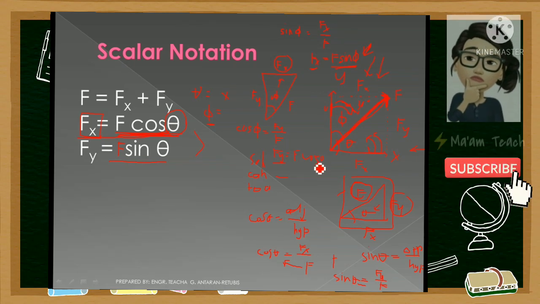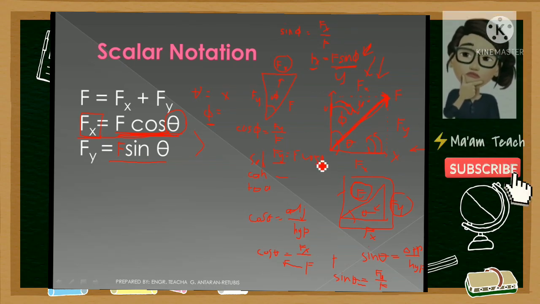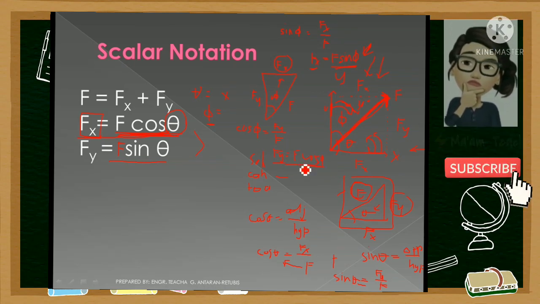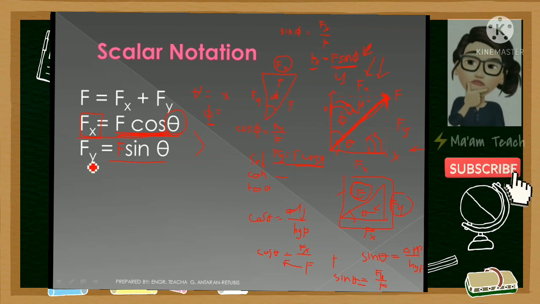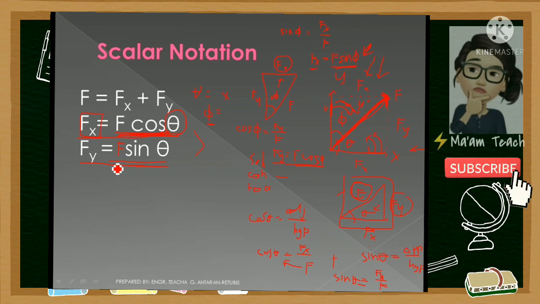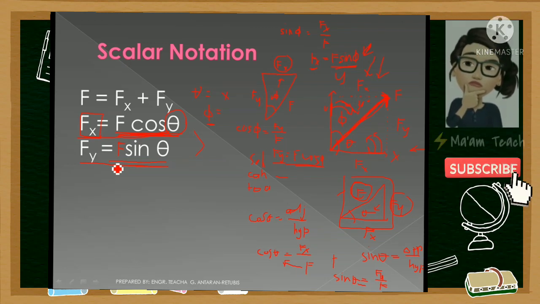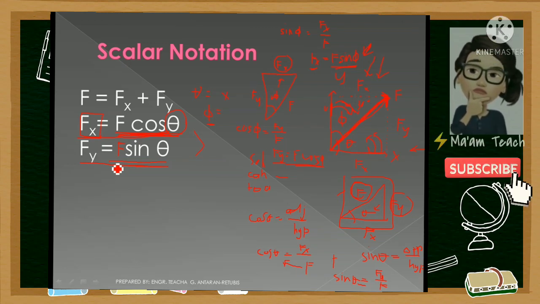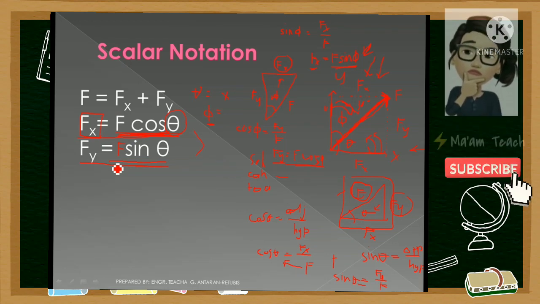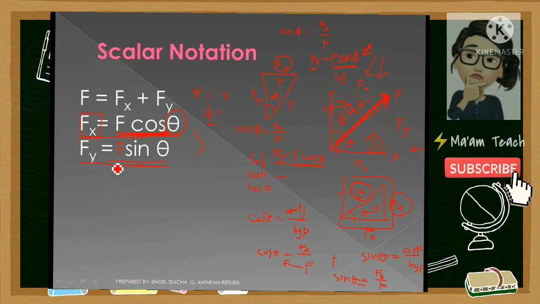Take note also of the difference there: f cosine phi here, and f sine theta. So that's, class, one way on how we could solve for the value of our x and y components.